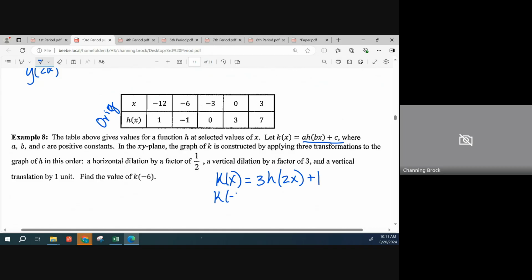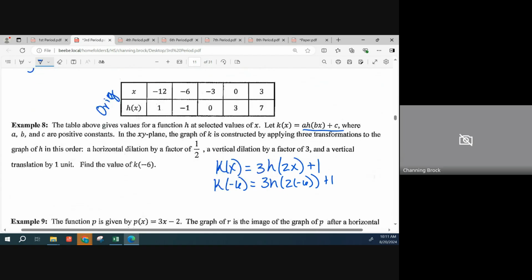We're just taking that -6 and figuring out what it is. So 2 times -6 plus 1. So 2 times -6 is -12 plus 1. And what is h of -12? 1. So that would be 4.